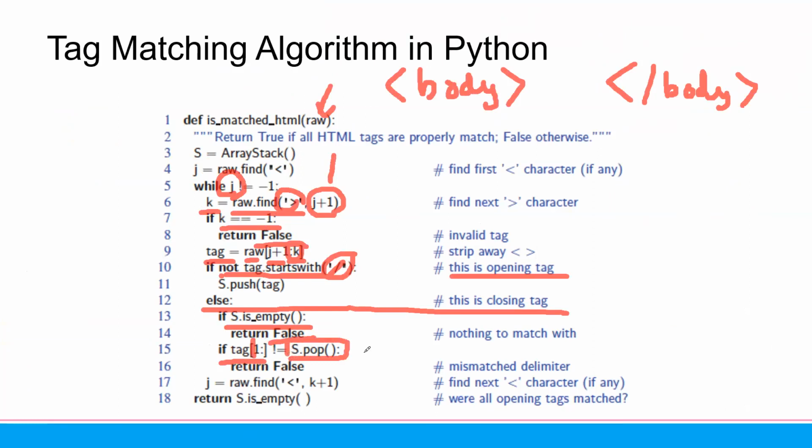If it is not the same, then return false, or we call it the mismatch delimiter. So we will go to the next, which is k plus 1. So we set j as the raw, find the next triangle bracket. And at the end, we will check whether it is empty.